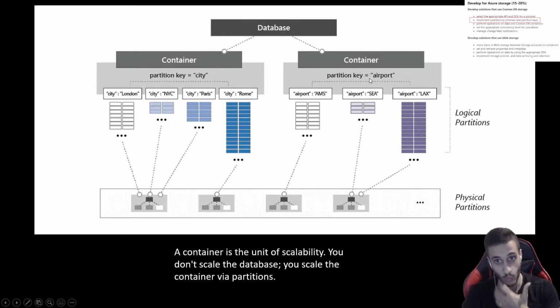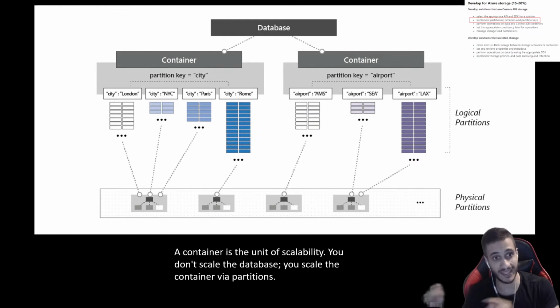And this other one, the partition key is known as airport. So with that, it makes querying much faster because you can always query across a partition key, meaning you can do things like querying for all items with the city of Paris, okay? And you can only do that by using partition keys. So it significantly increases the performance of your queries just because of the fact that you use partition keys.